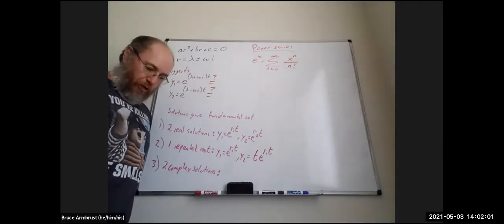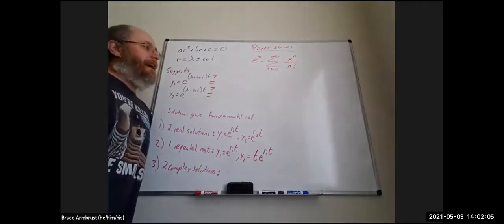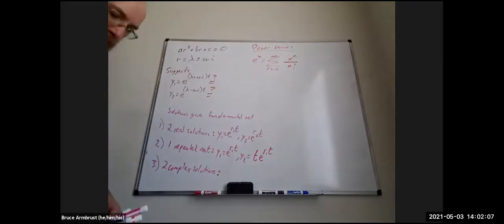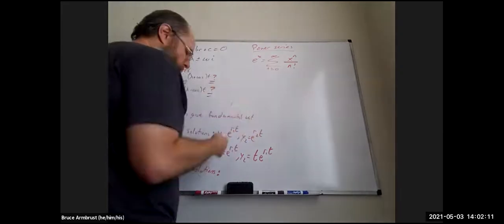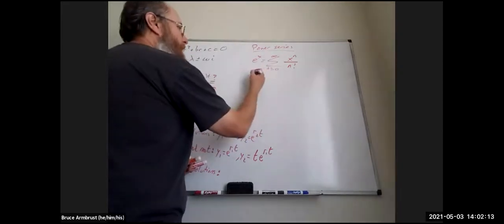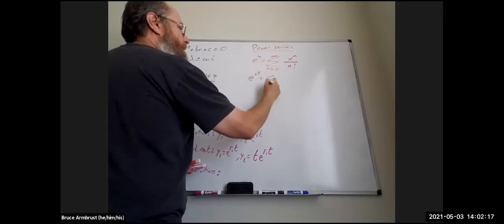So here's what we're going to do. Let's look at what e to the it is. Okay. So what we're going to do is we're going to plug into this power series it.